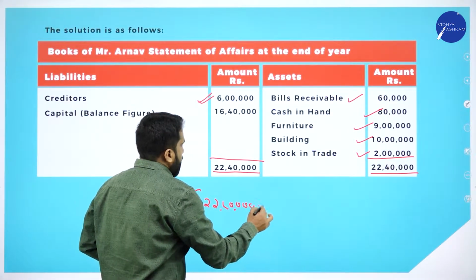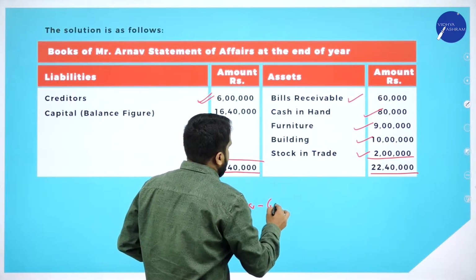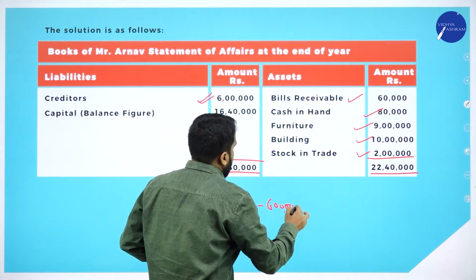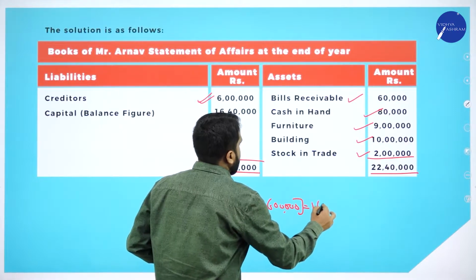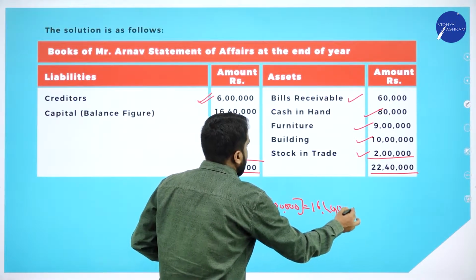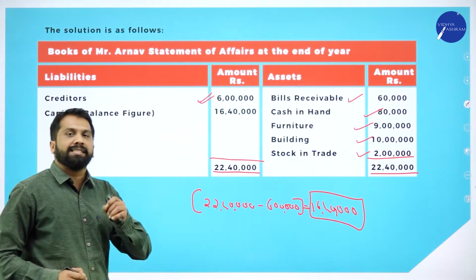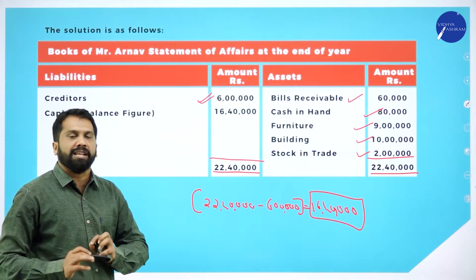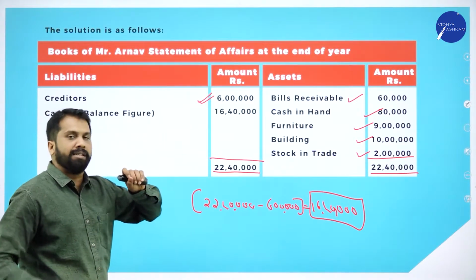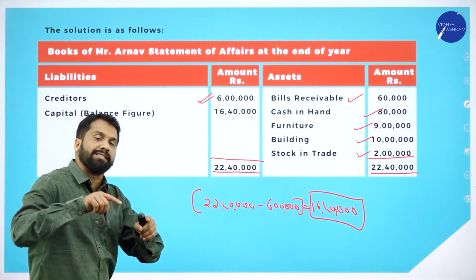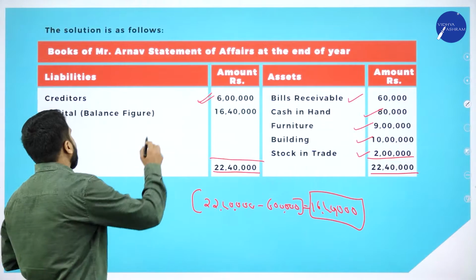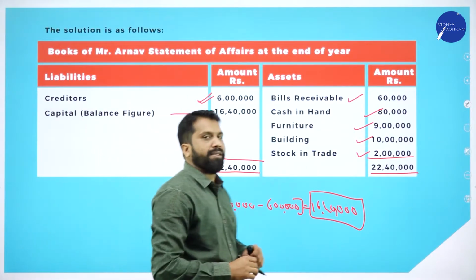Your answer is 16,40,000. Hope you are clear. So what is that 16,40,000? It is nothing but your capital.